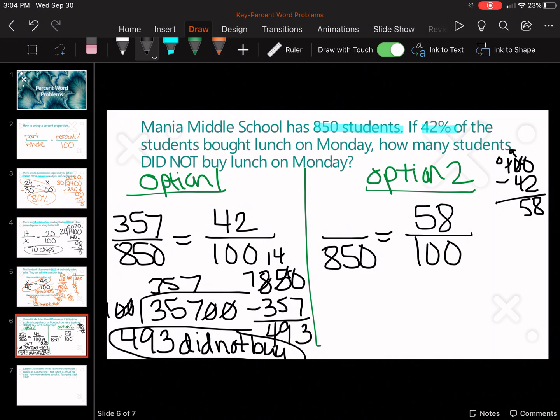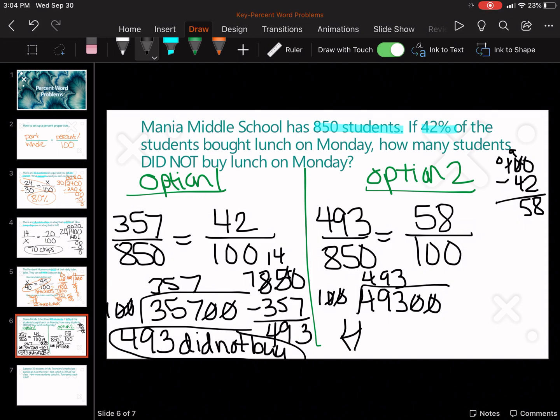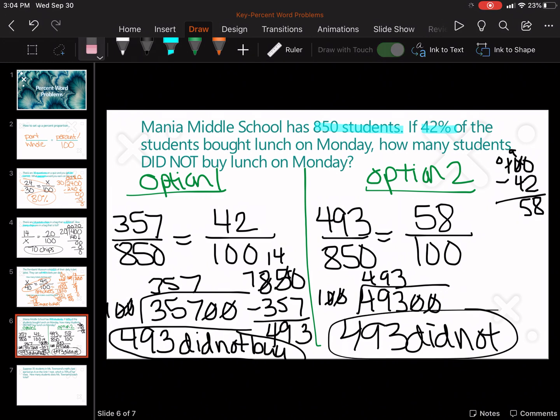Now we cross multiply and divide. 49300 divided by 100. Cross off your two zeros. 493 did not buy lunch. Again, 493. Either way you can solve it. You can solve it by setting up your proportion and then subtracting, or you can subtract your percent from 100 and then solve it that way. Either way is fine.